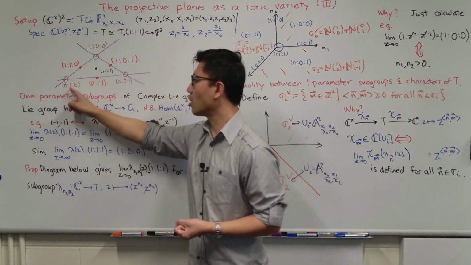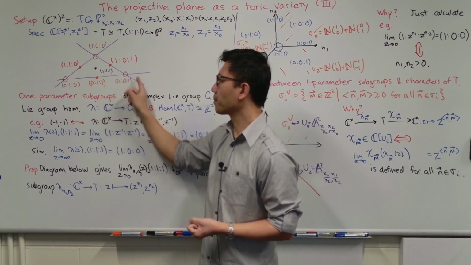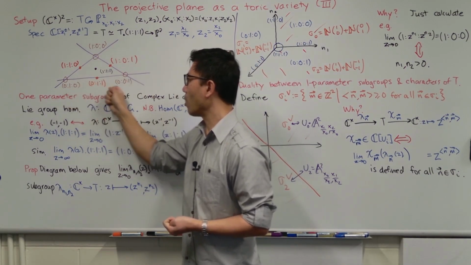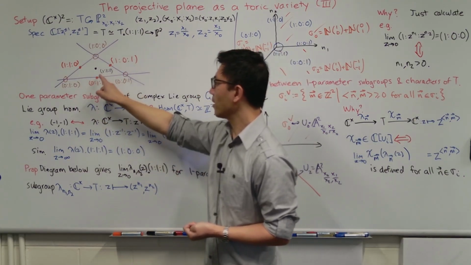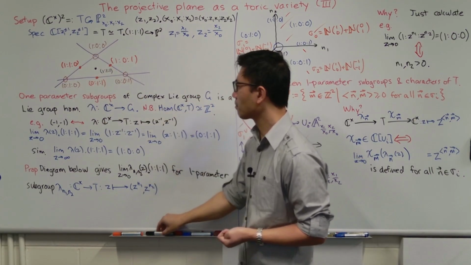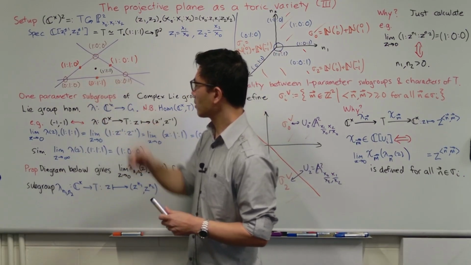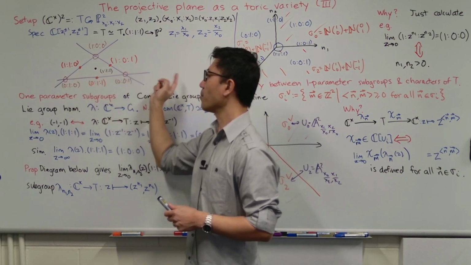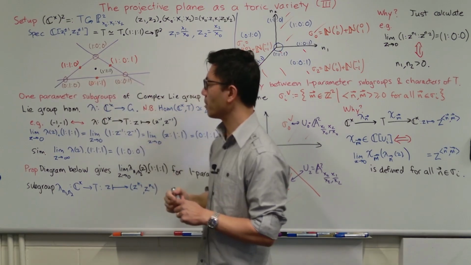It contains 0 : 1 : 0 and 0 : 0 : 1. That's the coordinate line where x0 equals 0. And 0 : 1 : 1 is going to be a point on this one-dimensional orbit. If you let the torus act, it will give you that one-dimensional orbit.